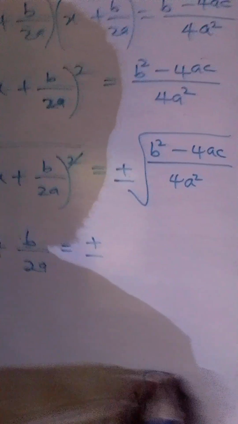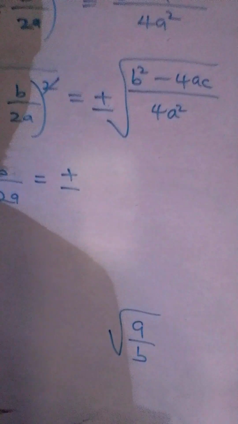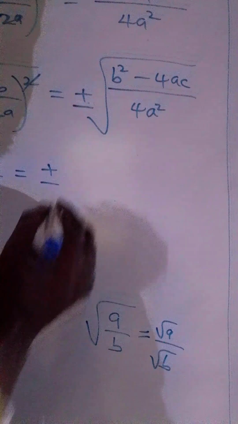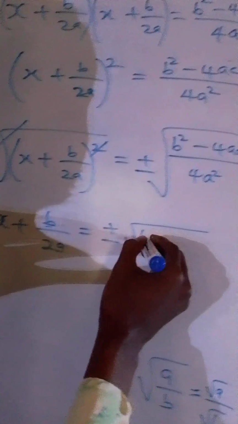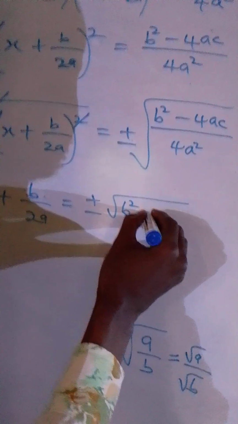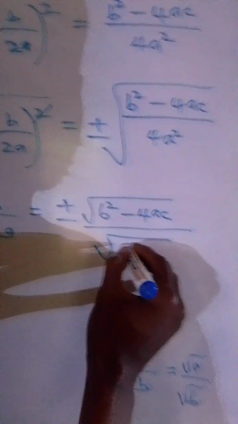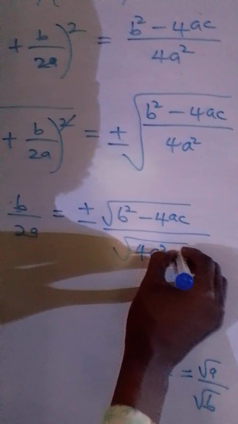Now when you have something like square root of a over b, it is equal to square root of a over square root of b. So that is square root of b squared minus 4ac over square root of 4a squared.